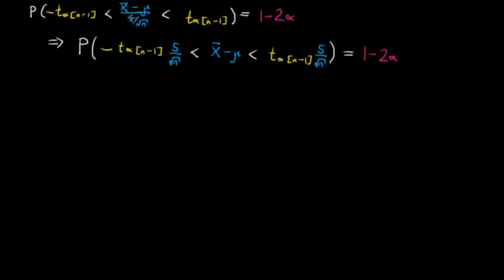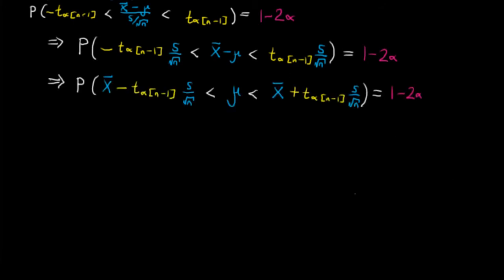So this is just a simple case of multiplying throughout by s over root n, and that gives us this expression here. And then to finally get mu on its own, what we'd do is we'd subtract x bar from both sides, and then that would give us minus mu in the middle, so then we'd multiply all of the inequality by minus 1, and that would then flip the signs, but then we could rearrange it and write it in a slightly different order, and it would give us the probability of x bar minus the number from the tables times the estimated standard error of x bar being less than mu being less than x bar plus the number from the tables times the estimated standard error, the probability of that is 1 minus 2 alpha.